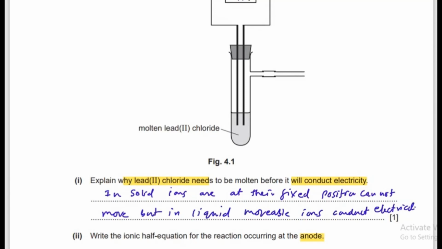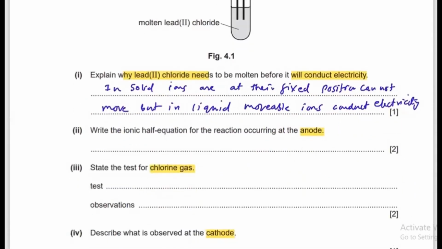For conductivity, either free or delocalized electrons or free ions are responsible. For metals, delocalized electrons are responsible for the conductivity. For ionic compounds, movable ions are responsible.